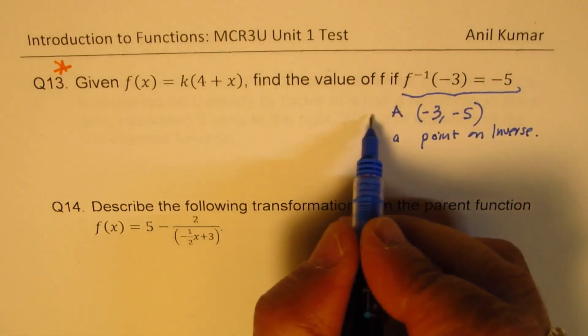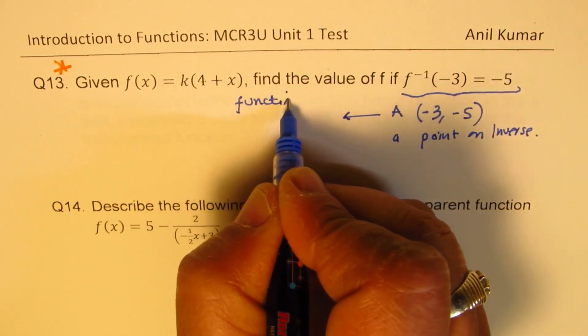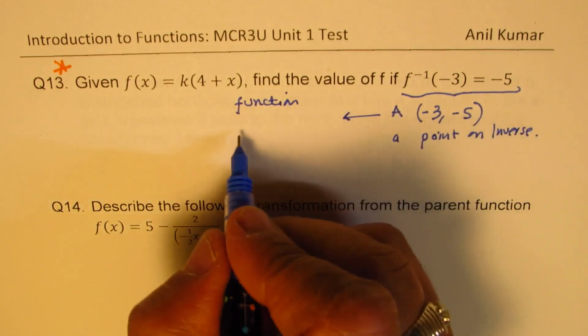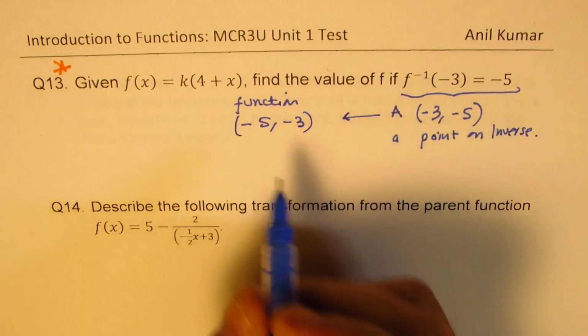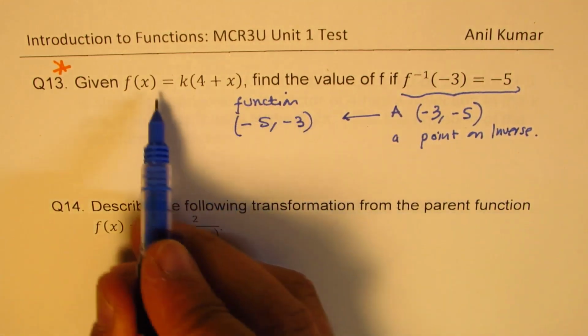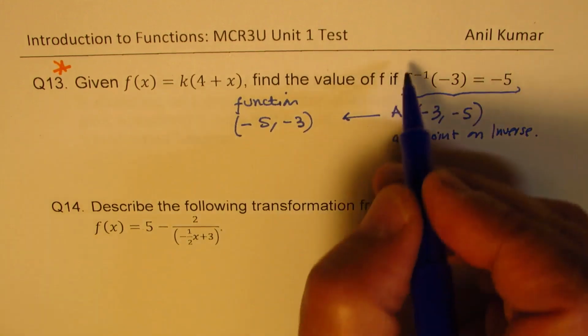So what will be this point on the function? We need to swap, so it becomes minus 5, minus 3. Does it make sense to you? You need to swap to get a point on the function. We are moving from left to right in this case.